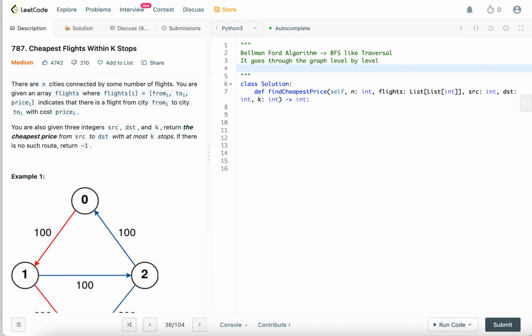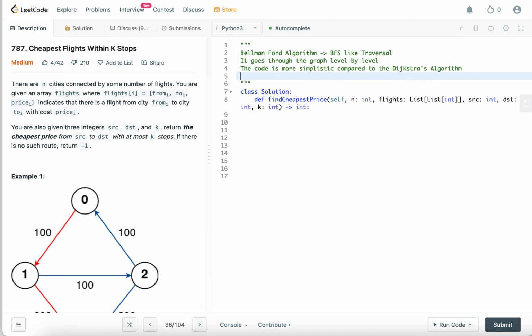And I guess the code is a little bit more simplistic compared to the Dijkstra algorithm. The difference between Bellman-Ford and Dijkstra is that Bellman-Ford can handle negative weights.